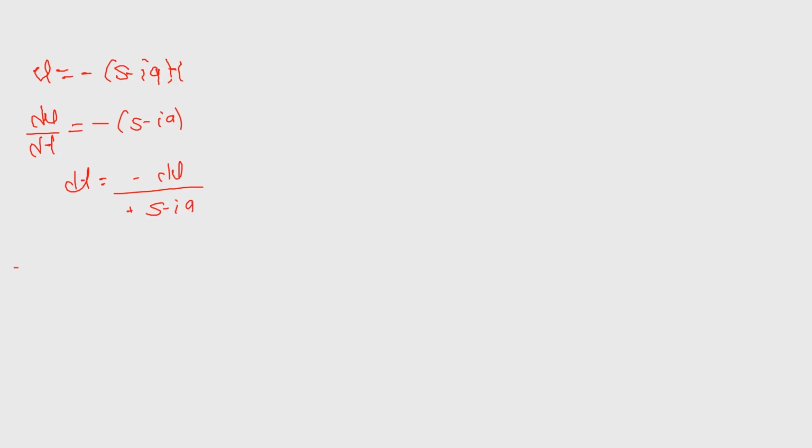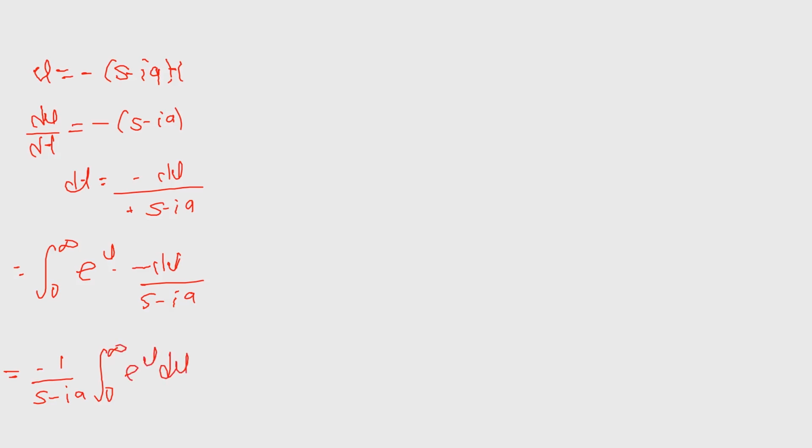So at this point you can bring it back to your equation. You have infinity, then e raised to the power of u, and your dt is minus du over s minus ia, so which is equal to minus 1 over s minus ia, integral of e raised to the power of u du.